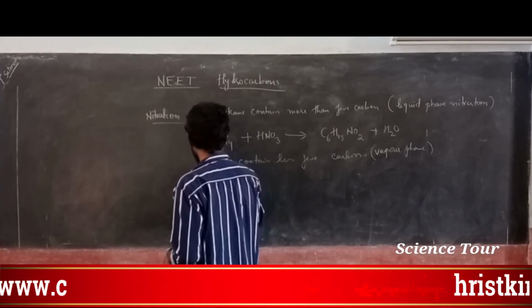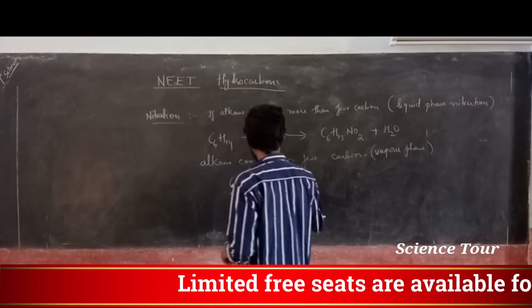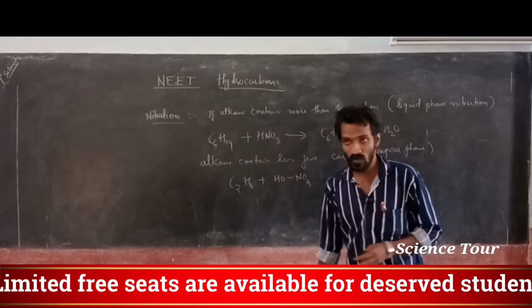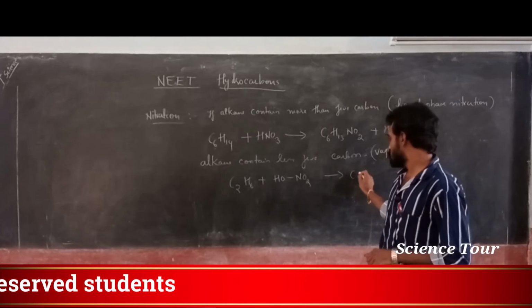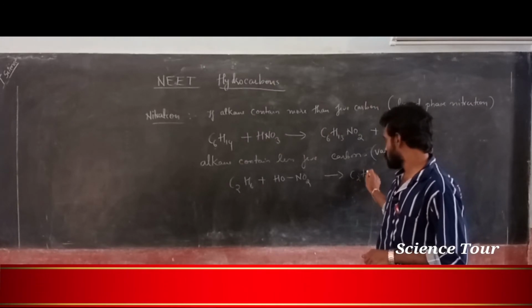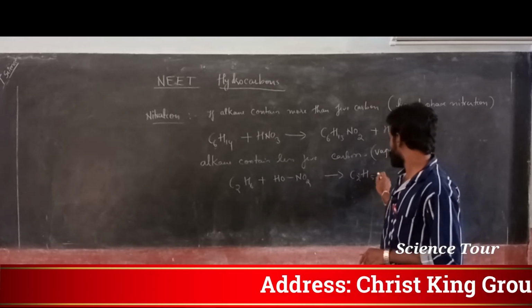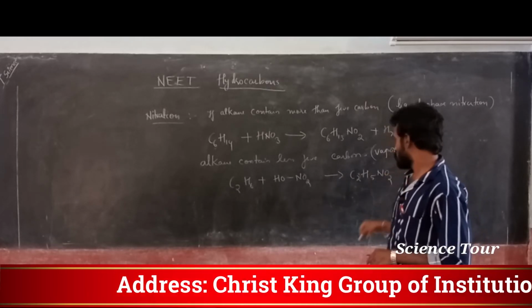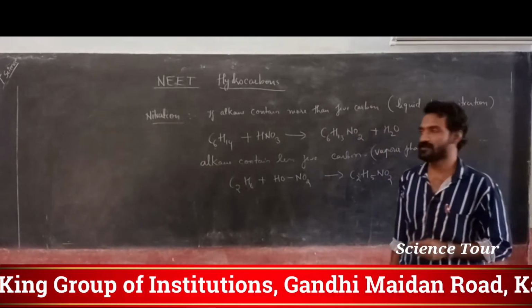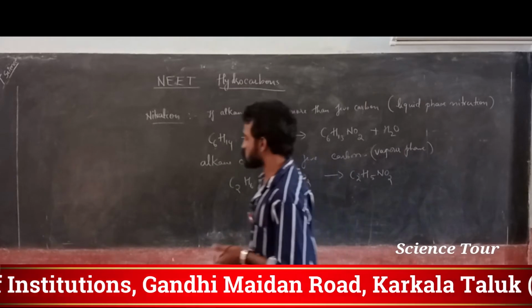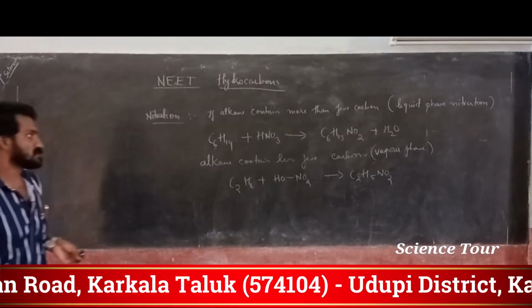So C2H6 with HNO3, I wrote it like this, HONO2, it is nothing but HNO3, gives C2H5NO2. Understood? This is the product. Please note down these two different nitration procedures: one is more than 5 carbon, the other less than 5 carbon.